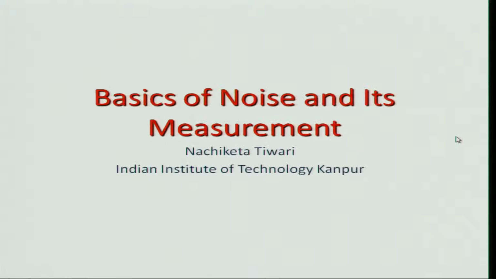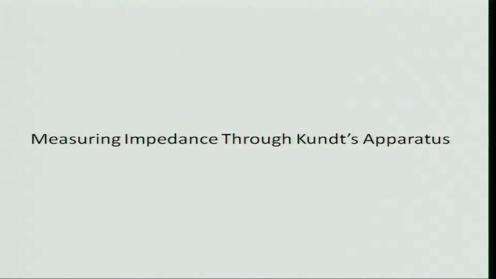And this whole course is about noise. We have already covered some of the important basics of noise, and now we have just started sharing information as to how different parameters of noise can be effectively measured. So what we are going to learn today is how you can use this apparatus called Kund's tube to measure the impedance of a material.